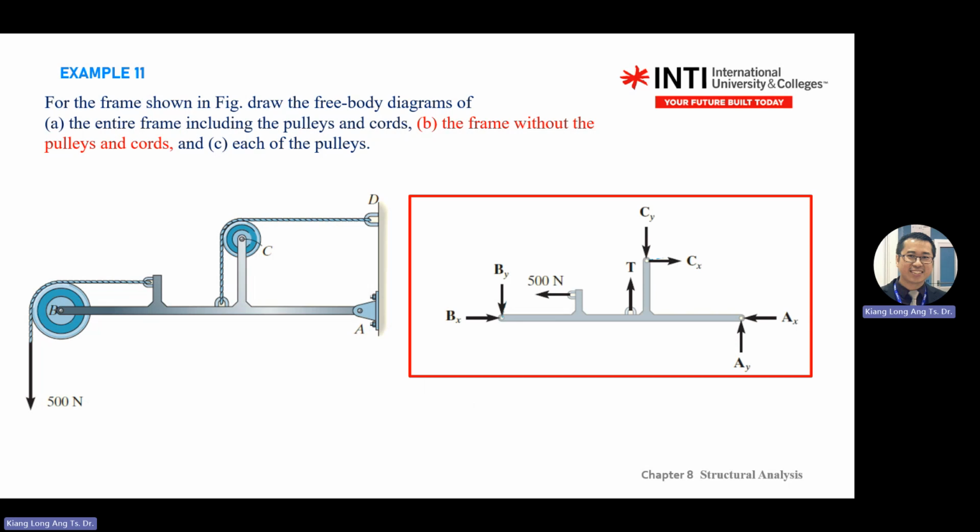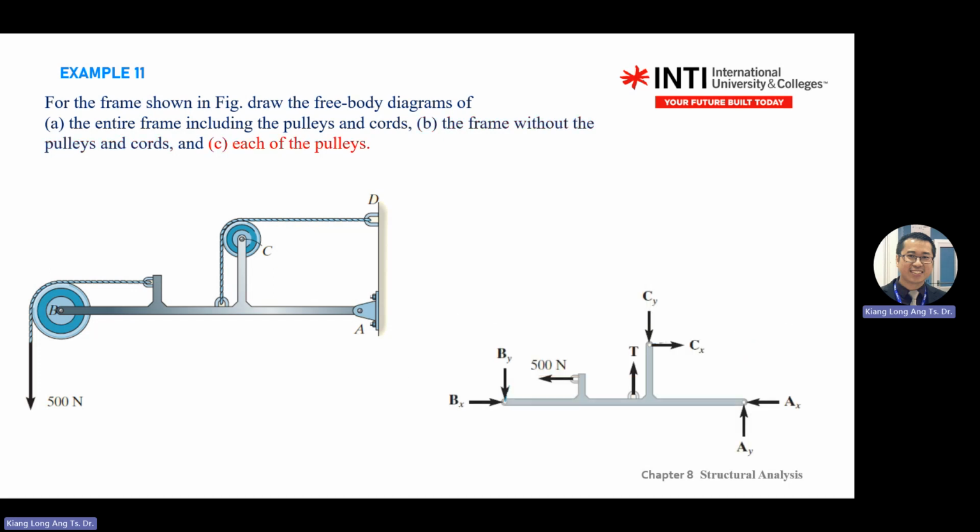Okay, C, each of the pulleys. You dismantle B and C. You will see BX, BY, but you flip the BX, BY direction. If your section B is left and down, when you do only the pulley, remember to flip it.